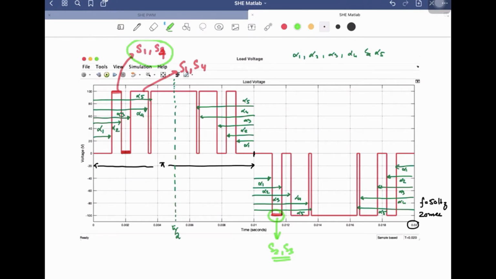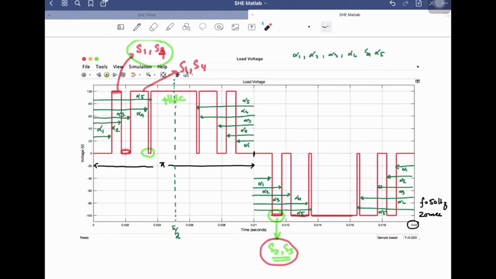So by turning on the switches S1 and S4, I will get the positive voltage plus VDC, and if I turn these off, I will be getting 0 volt, and if I turn on S2 and S3, I will be getting minus VDC. Now I will have to turn them on at a particular angle. I will have to turn on the switches S1 and S4 starting from this time till this time in order to get this voltage at the output.